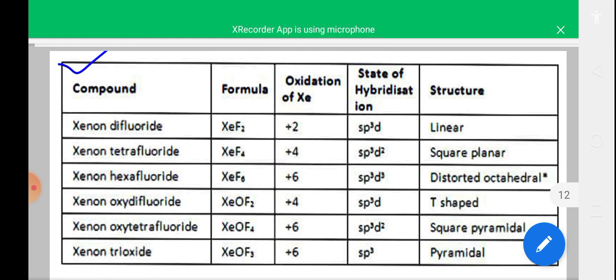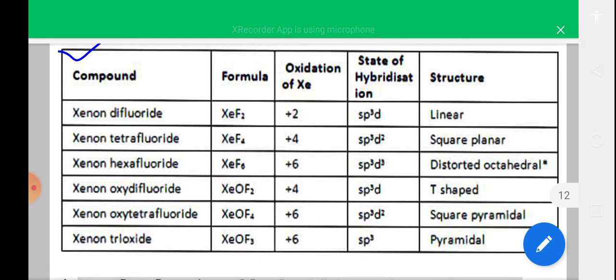In XeOF2, the oxidation number is +4, the hybridization is sp3d and the structure is T-shaped. In XeOF4, the oxidation state is +6, the hybridization is sp3d2 and the structure is square pyramidal. And in XeO3, the oxidation state is +6, the hybridization is sp3 and the shape is pyramidal. So shape, hybridization, oxidation number, all you have to remember.